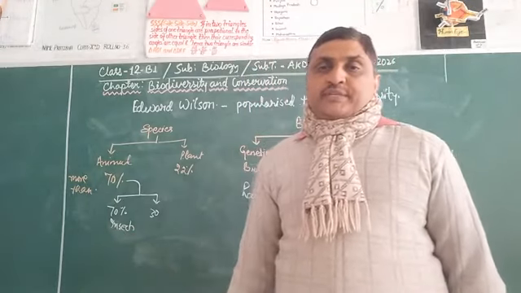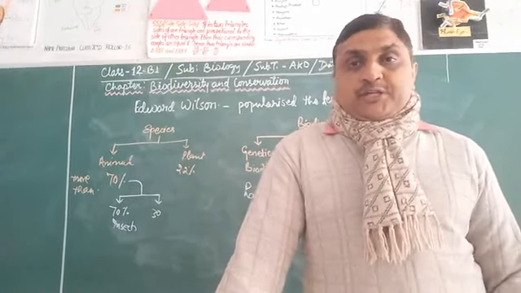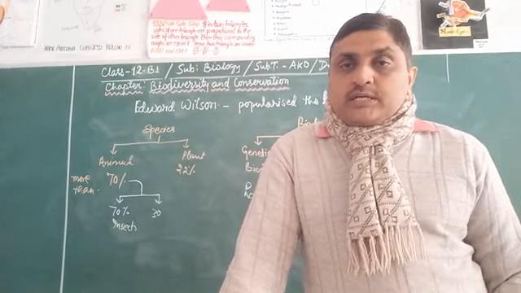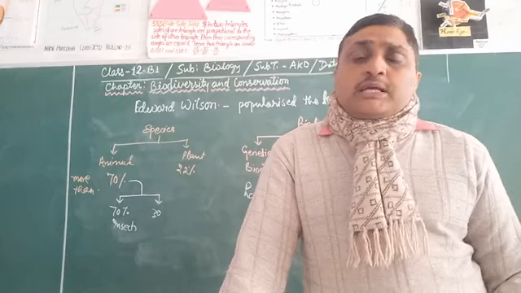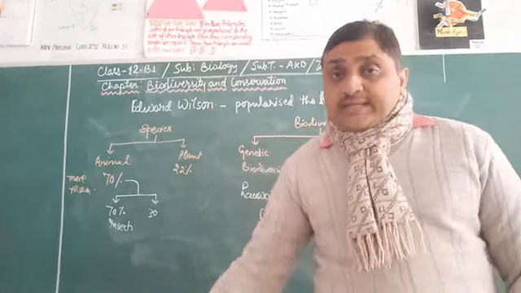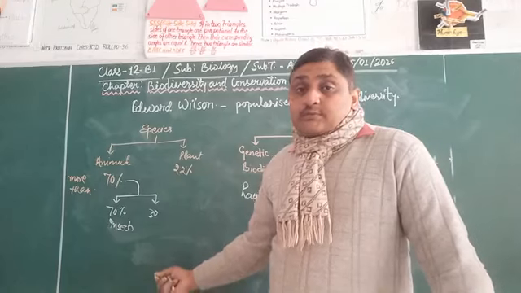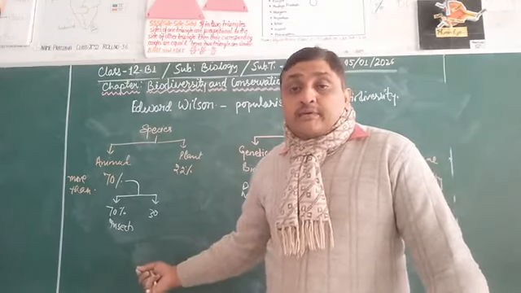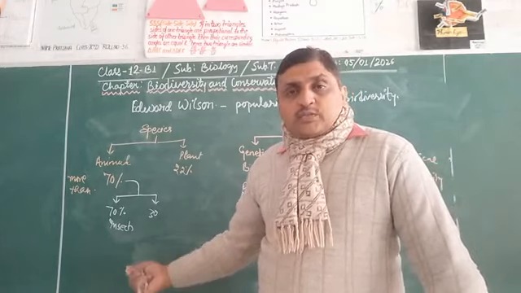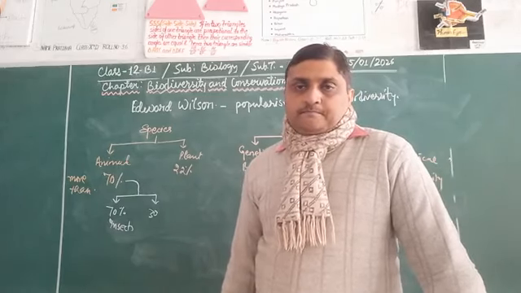So the population of insects on the earth is the largest. You have studied these insects under the phylum Arthropoda, and you know that the phylum Arthropoda is the largest phylum, because these insects cover 70% of the biodiversity of the total earth.